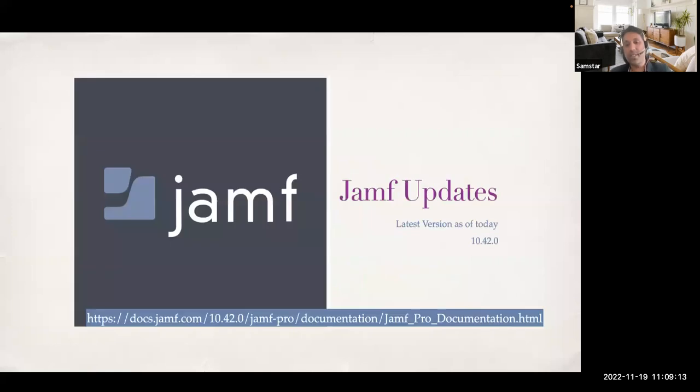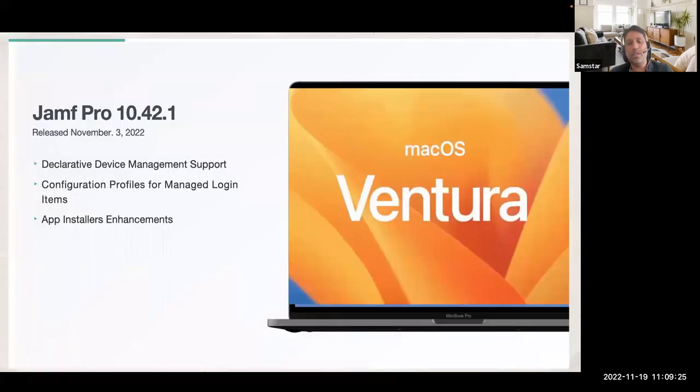Jamf update. The latest binary version with Jamf is 10.42. You can also see the URL from where you can read the documentation. In this version, there were quite good changes. We have declarative device management support introduced in 10.42. We have a configuration profile for managed login items.